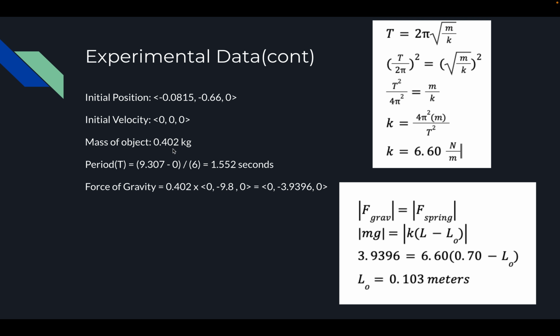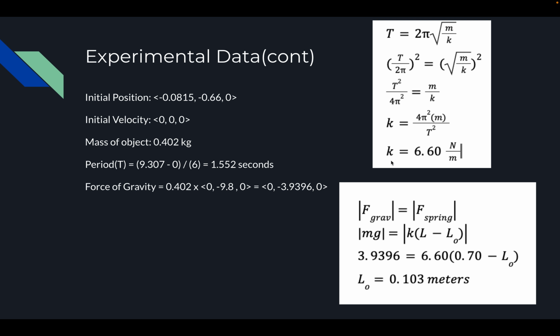The force of gravity in this case would be the mass of the object times the vector of gravity, which is equal to, there's none in the x and z direction, only in the y direction, negative 3.9396 newtons. And then, using the time period, we can figure out the spring constant using some basic algebra, with the period, pi, and mass.